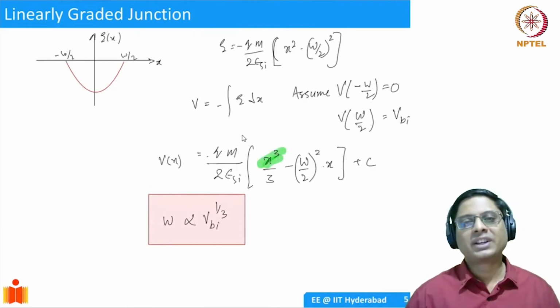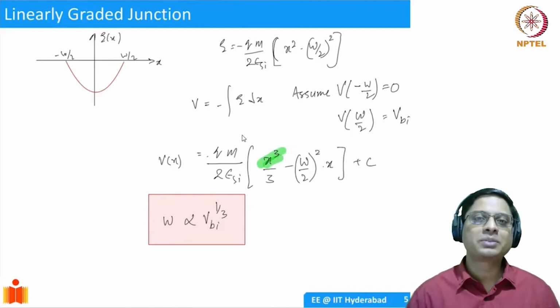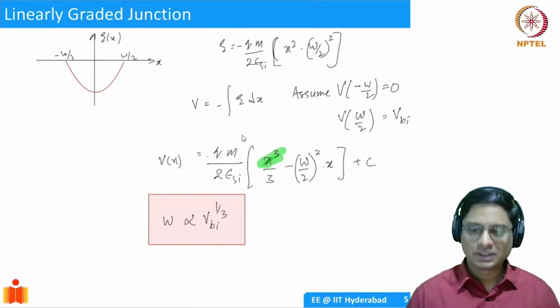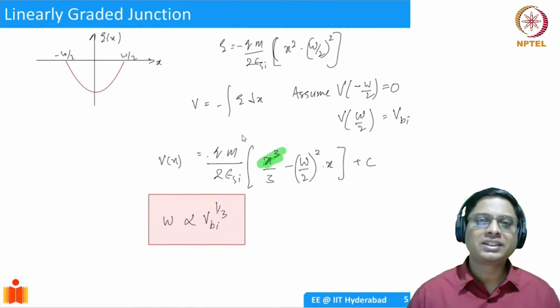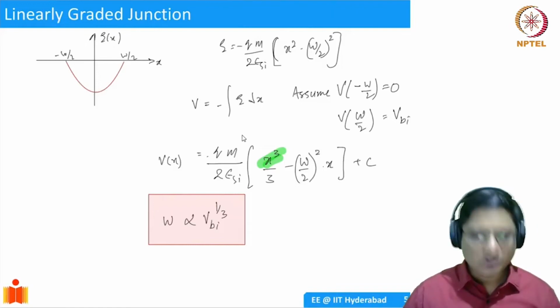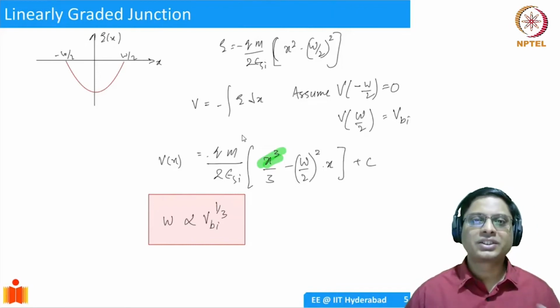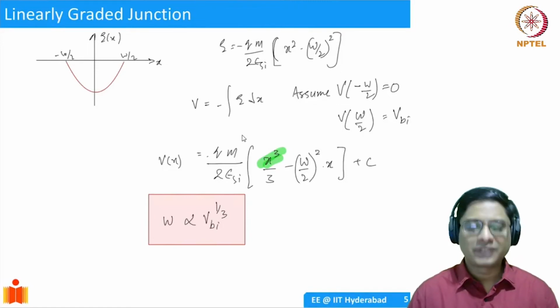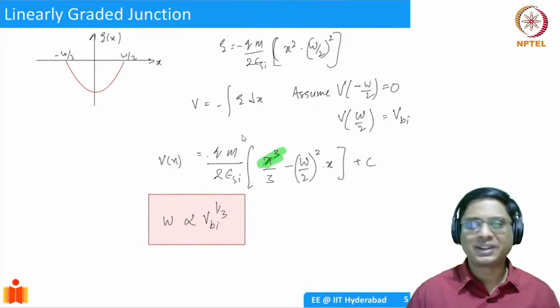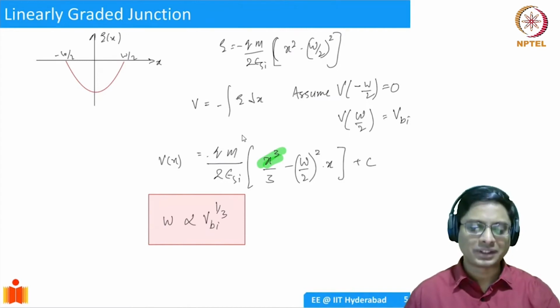So in the previous case, the width of the depletion region was proportional to the square root of voltage. But if you have a linearly graded junction, it becomes cube root and so on. There are more complicated profiles that researchers study because they want to look at exact analysis. But for us, the same recipe is used. It just becomes different mathematics. That's it. There's nothing interesting about it, I would say.